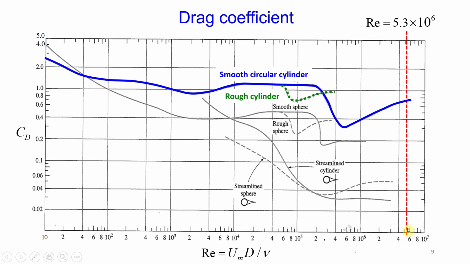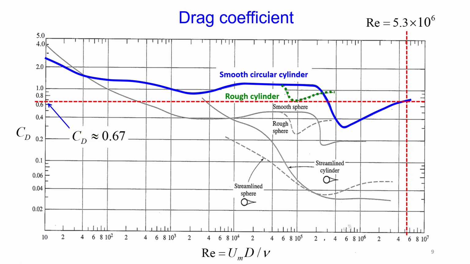I draw a vertical line, and as soon as this line crosses my blue data line, I draw a horizontal line and read CD values from the left hand side. I read this approximately, as you can see, somewhere between 0.6 and 0.7, so approximately 0.67.